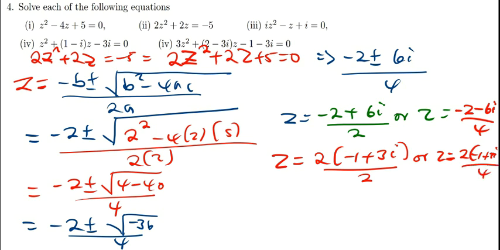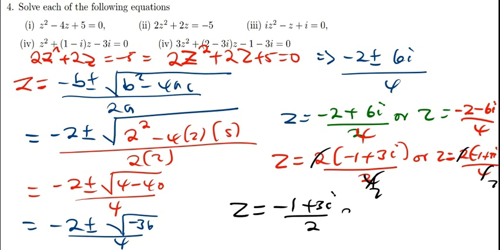Where is this 2 coming from? It's 4. So I'll say 2, this is 4, 2 into 2, 1, 2 there. 2 into 2, 1, here 2. So I'll end up having z to be equal to negative 1 plus 3i divided by 2, or z to be equal to negative 1 minus, so this is minus here, because of that minus here, 3i divided by 2.